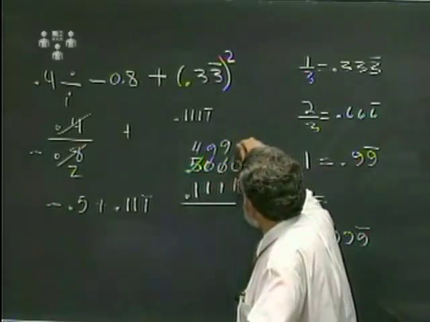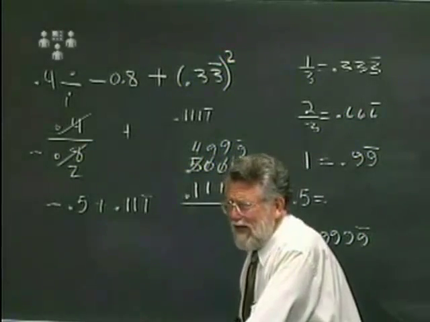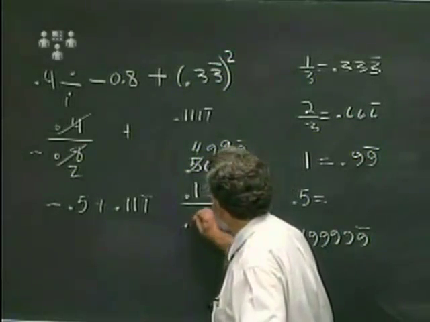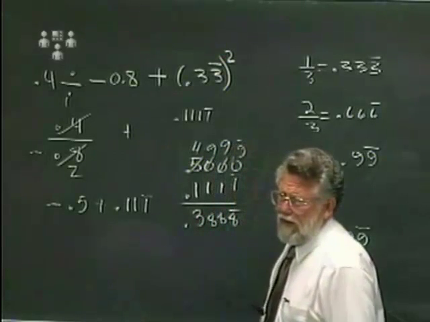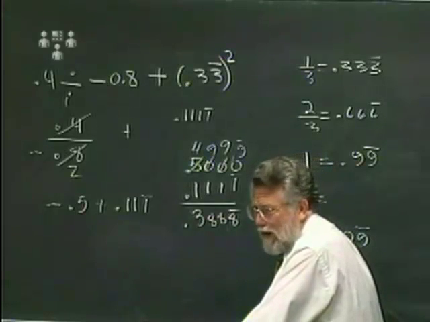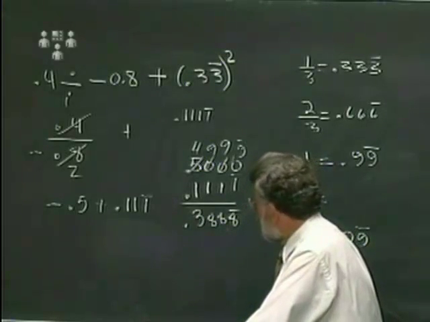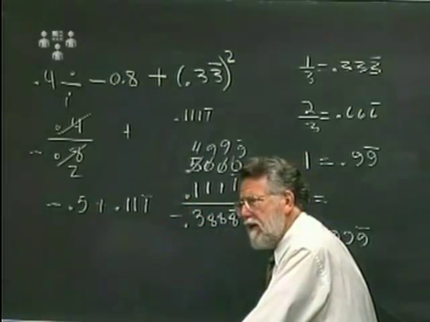So if I know that, and I come back up to here, that these are going to be 9s forever going across here, and I have 1s forever across here, then I know this is going to be a 3, 8, 8, 8 forever. That is, I believe, the correct answer with a negative sign. Now, what do they give in the back of the book?